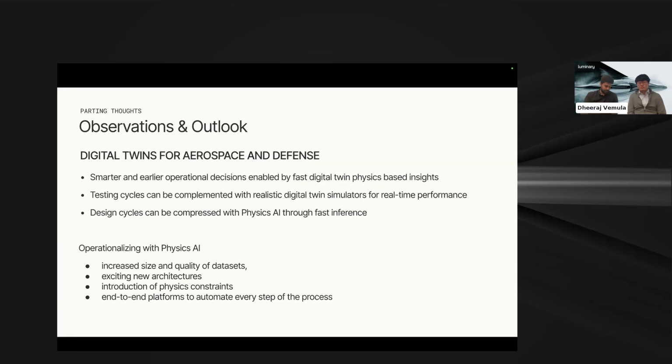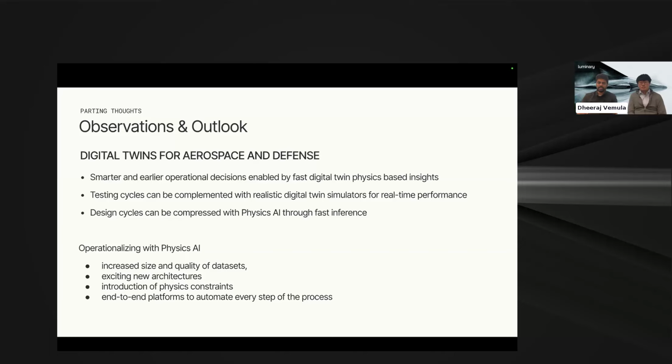Here we're at the end of our talk today. Some of the conclusions or observations that we've seen along the way are that digital twins for aerospace and defense enable smarter and earlier operational decisions, because you can use these digital twins to supplement or complement your test cycles, so you don't have to do expensive in-the-field testing.